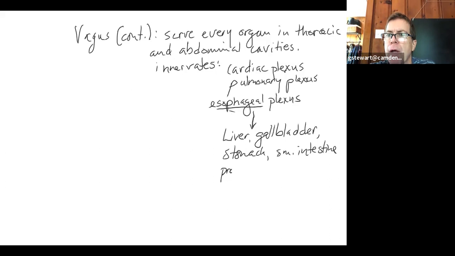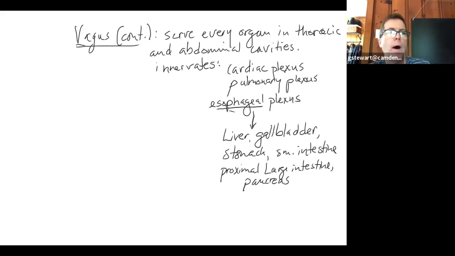I'm just going to write proximal large intestine, and the pancreas. So you can see the vagus is wildly important at supplying innervation to just about everything in our chest and in our abdomens.